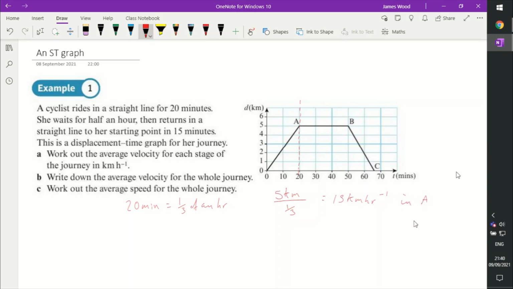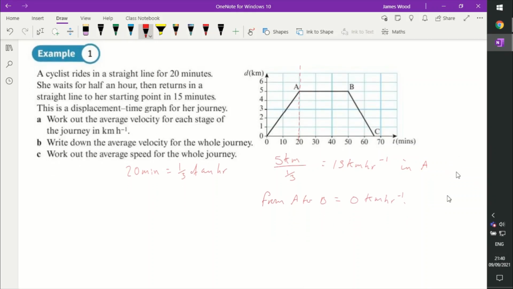Okay, let's look at the next section. From A to B, the displacement stays the same, so the velocity is 0. And for the last bit, B to C, let's find the gradient. We've got a change of 5 kilometers again.